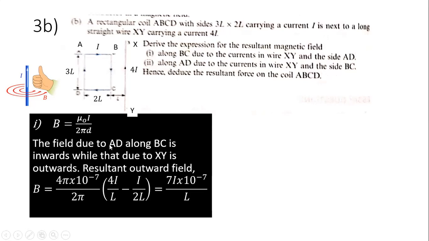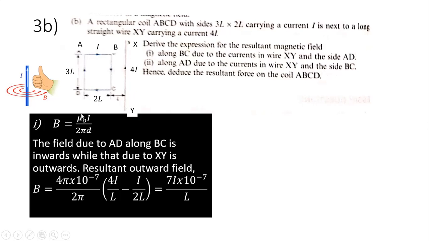The field due to AD along BC is inwards, while that due to XY is outwards. Think of it as a circle. We are looking at this side, and for the other we are looking at the other way. So that's why it's going in, and that's why I put a negative where it's going in.